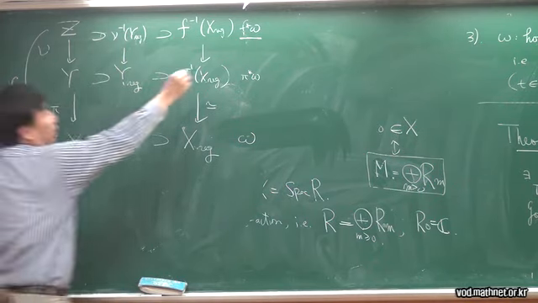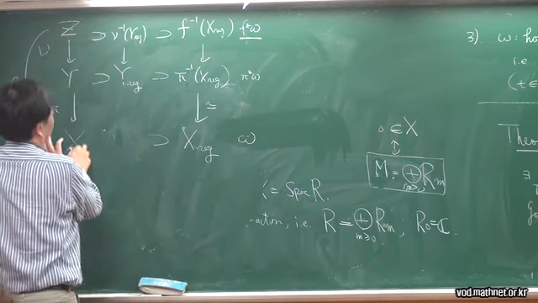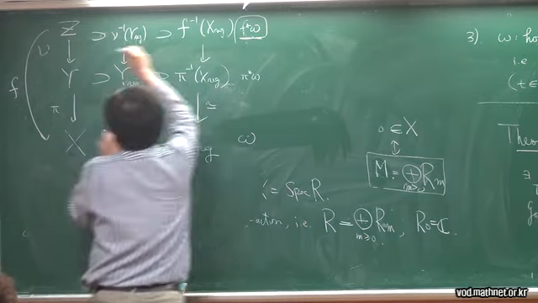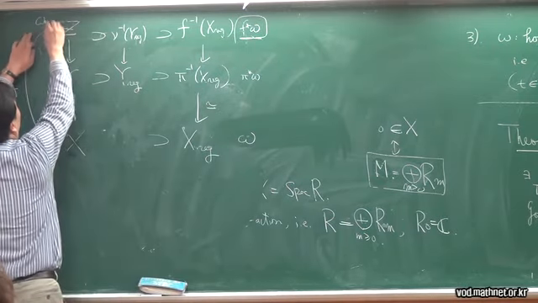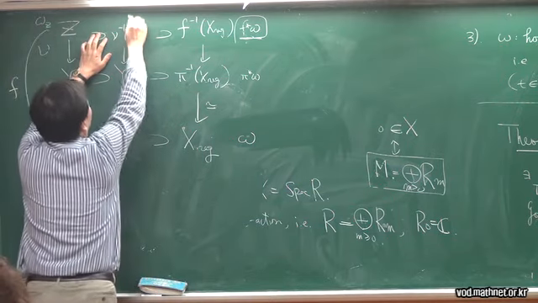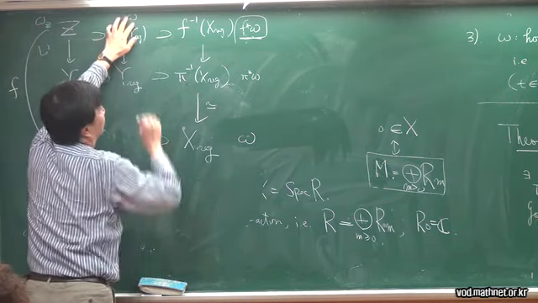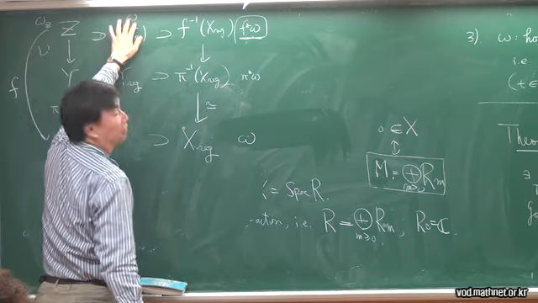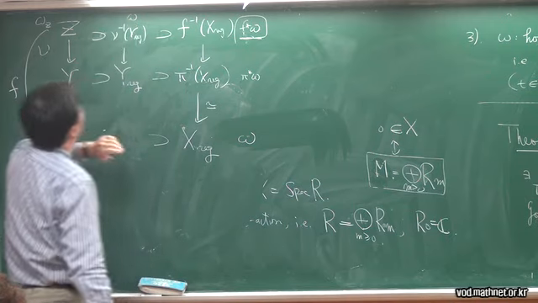Yes, and by the definition of the symplectic variety, this extends to some holomorphic 2-form here. Then if you restrict it, you get some holomorphic 2-form.